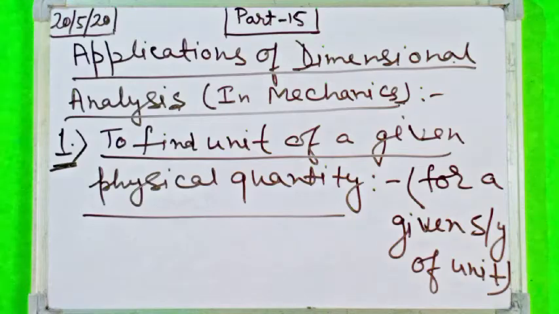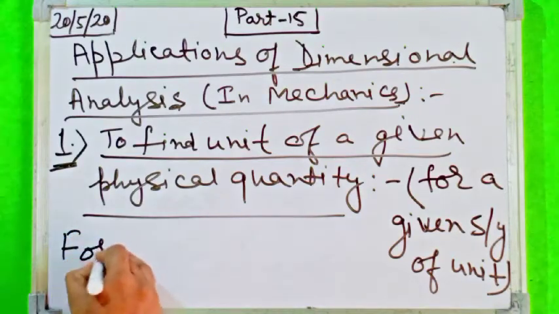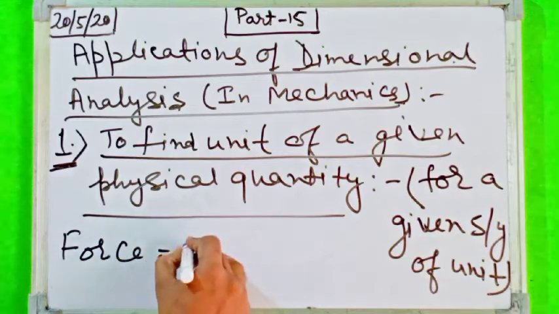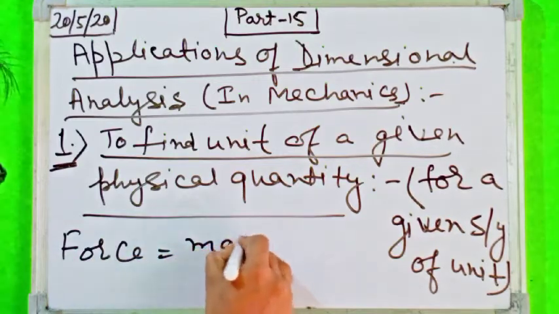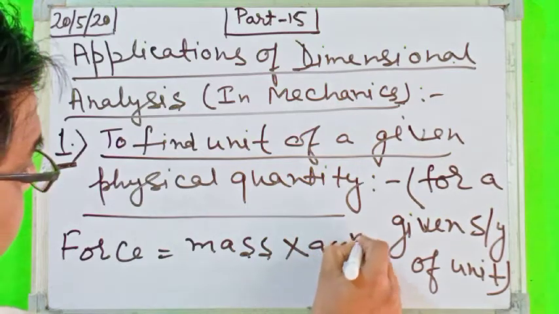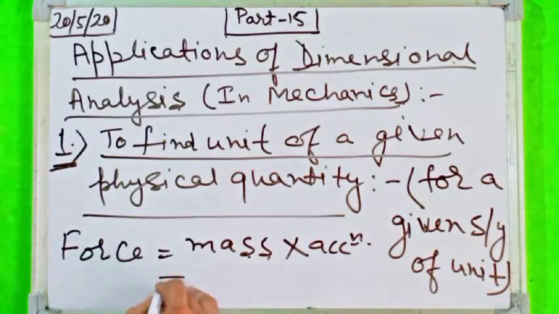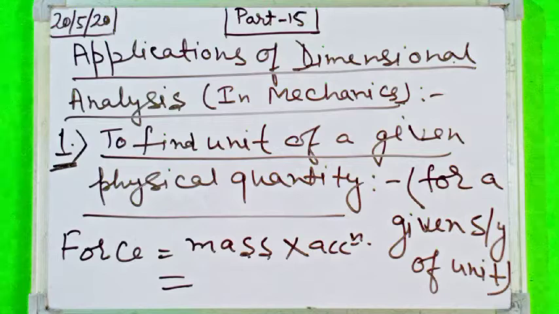Suppose we are talking about force. As you know, force is equal to mass into acceleration. This is the formula for force. Now, in terms of fundamental units, how can you write it?